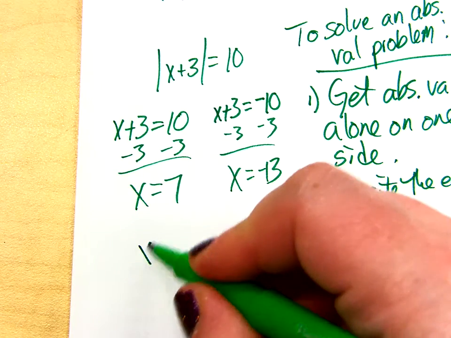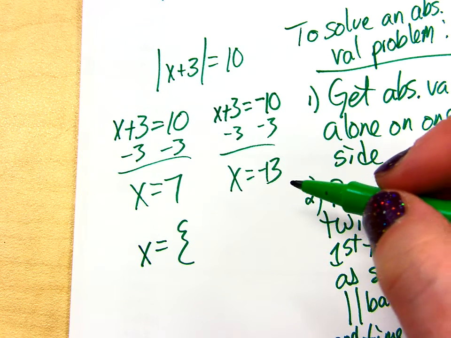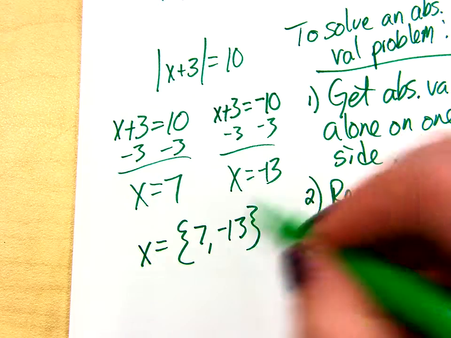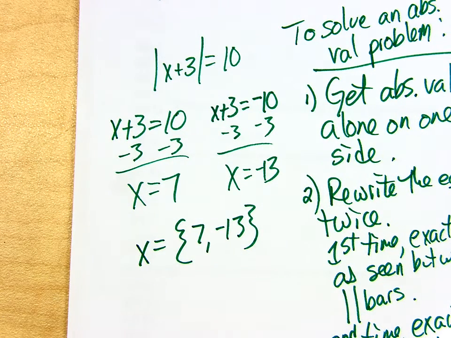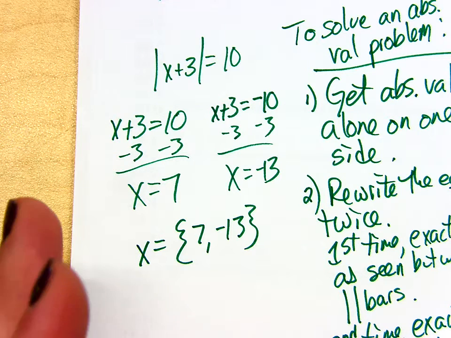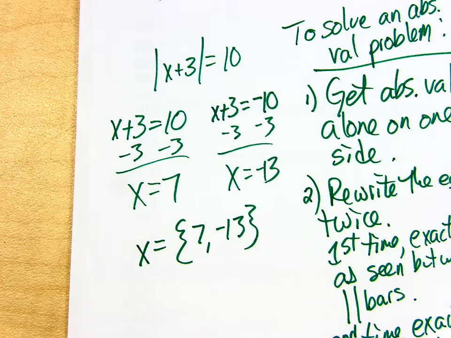So when you have more than one answer, do you remember putting them in those funny brackets? If you ever see this, these funny brackets just mean, hey, everything that's an answer, I'm just putting in these brackets. You can do it if you just have one answer. People are usually lazy and they don't write it.